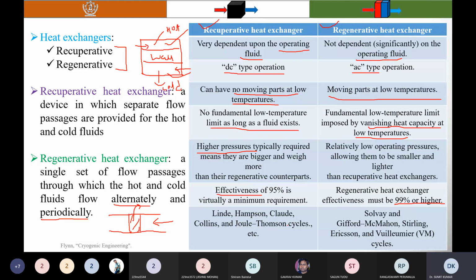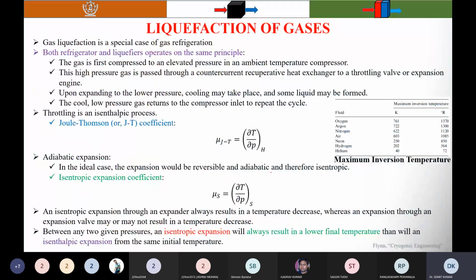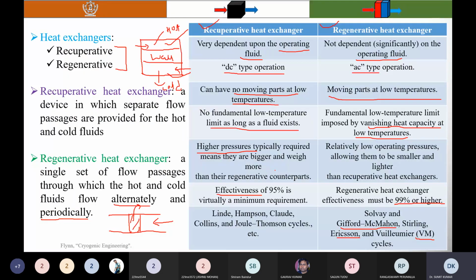And the regenerative heat exchanger is used in the Solvay cycle, Gifford-McMahon cycle, Stirling cycle, Ericsson cycle, and VM cycle. Okay. So in this way, based on which type of heat exchanger is used, we can divide the different cycles used in liquefaction. Okay.